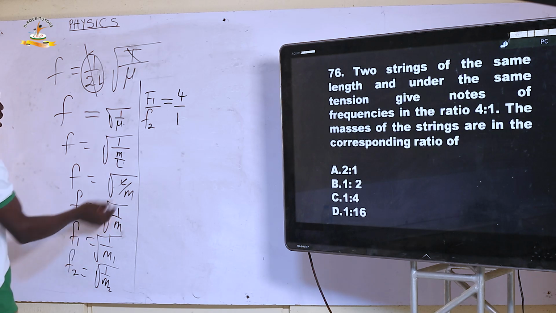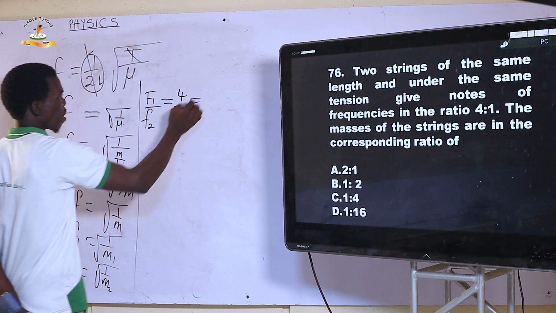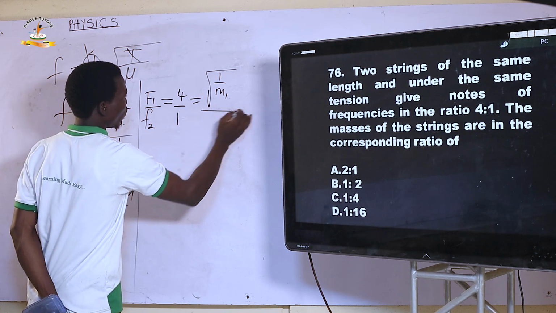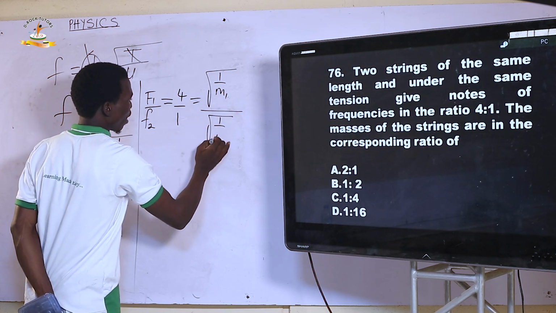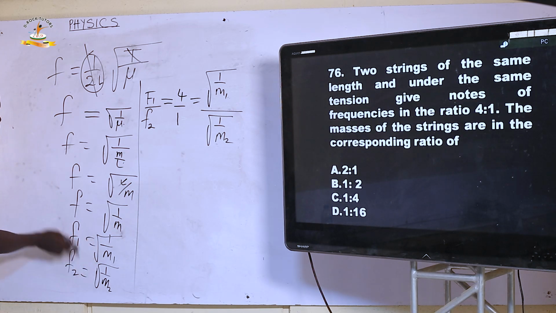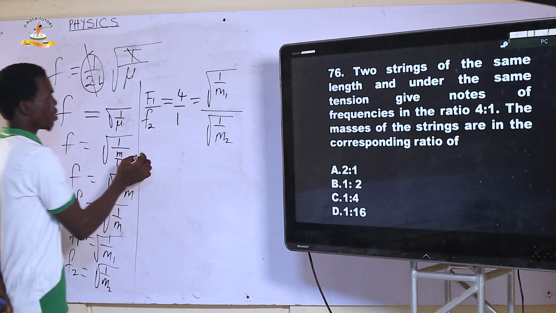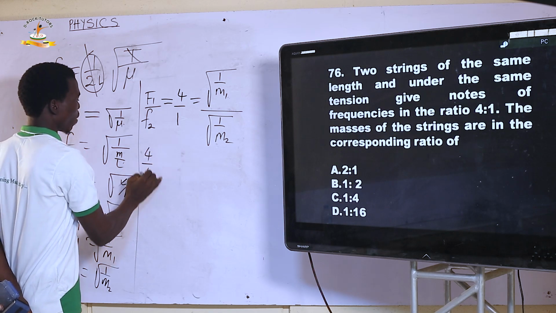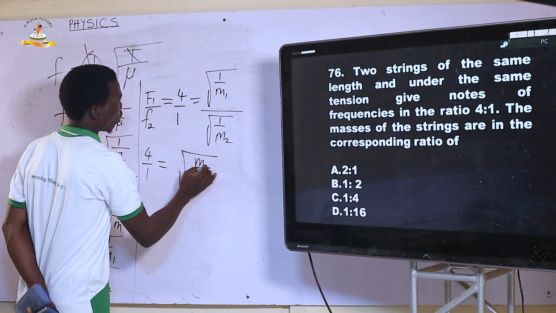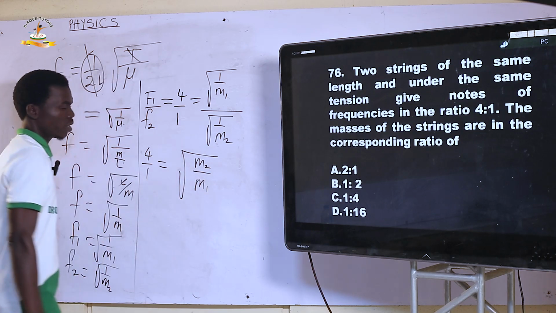From here, we're going to see it as square root of 1/m1 all over square root of 1/m2. Just from these two equations, definitely we can say that 4/1 is the same thing as the square root of m2 all over m1.